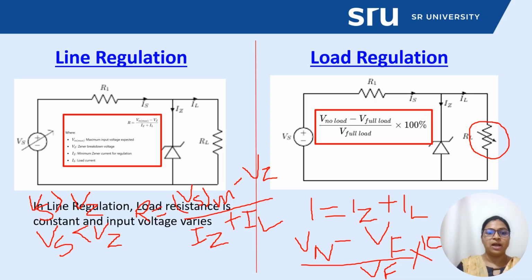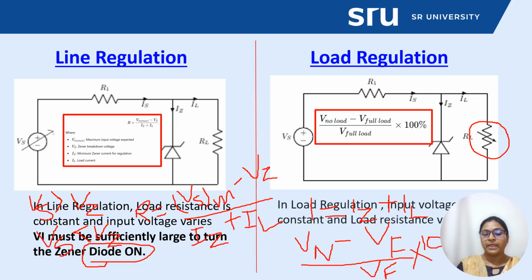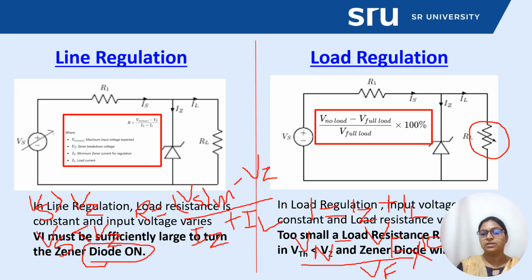Now in line regulation, the load resistance is constant and the input voltage varies. To summarize, Vi must be sufficiently large to turn the Zener diode on. And for load regulation, the input voltage is constant and the load resistance varies, and with too small a load resistance, the Zener diode will be turned off.